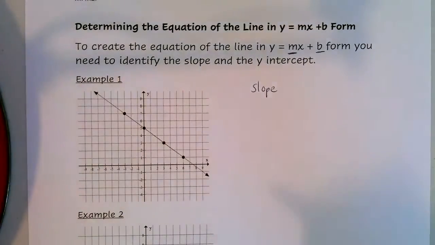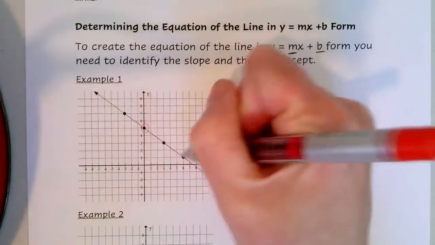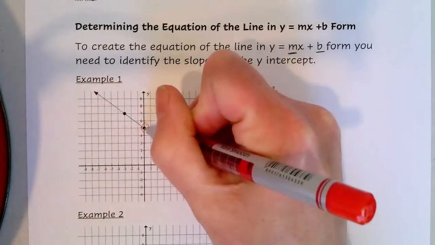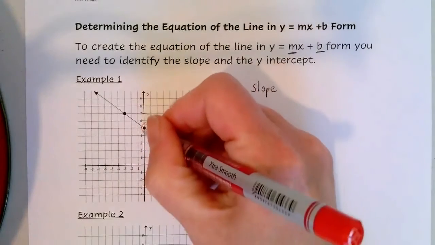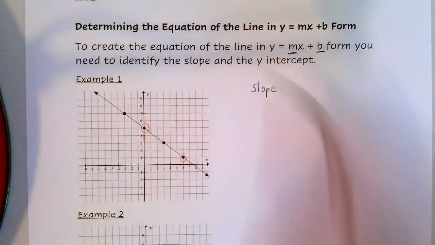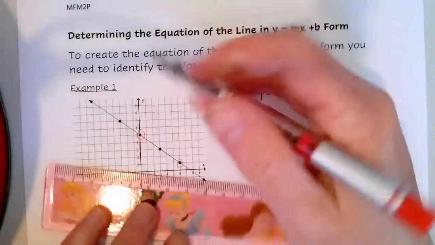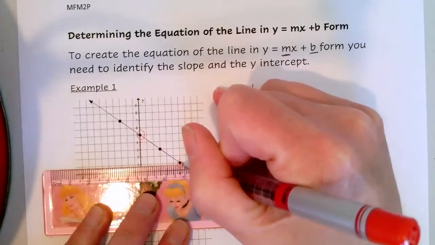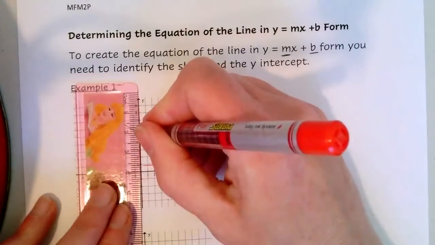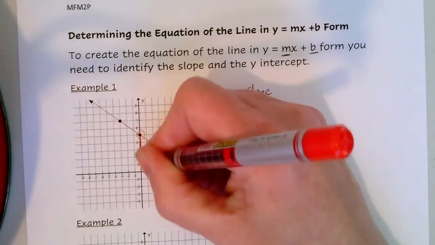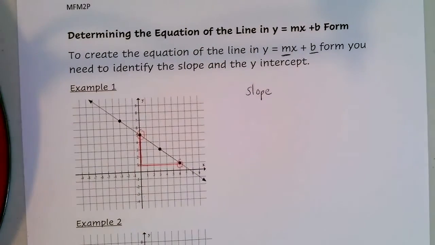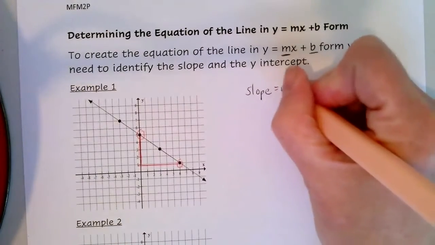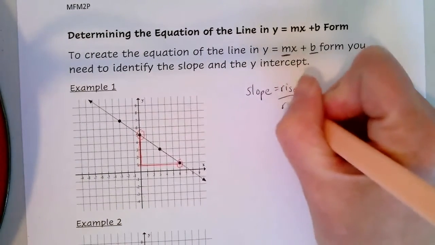So let's, for example, say that I choose this point and this point. To go from this point to this point, I had to go down. So I'm going to draw in the right triangle that connects them. Remember, we're working with the idea that slope equals rise over run.